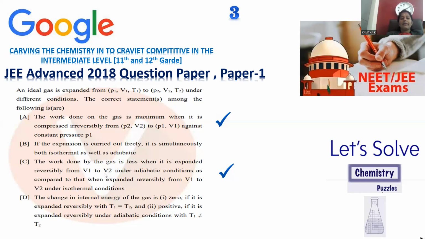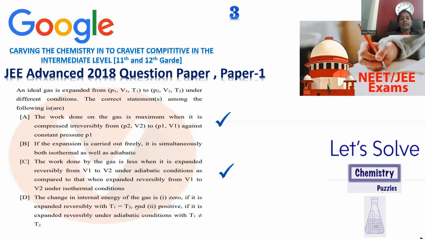In the adiabatic process, the work done will be less, but in the isothermal process the work done will be greater. The change in the internal energy of the gas is zero if it is expanded reversibly from T1 to T2. If it is expanded reversibly under an adiabatic process, T1 is not equal to T2.